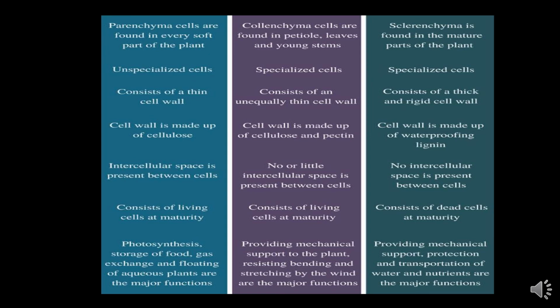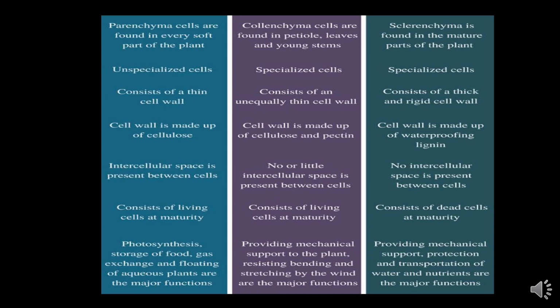Parenchyma cells have thin cell wall only of cellulose, whereas Collenchyma tissue contains cells having uneven thickening of pectin, whereas cells of Sclerenchyma tissue have a waterproofing material which is known as lignin deposition, and hence the cell wall is evenly thickened.